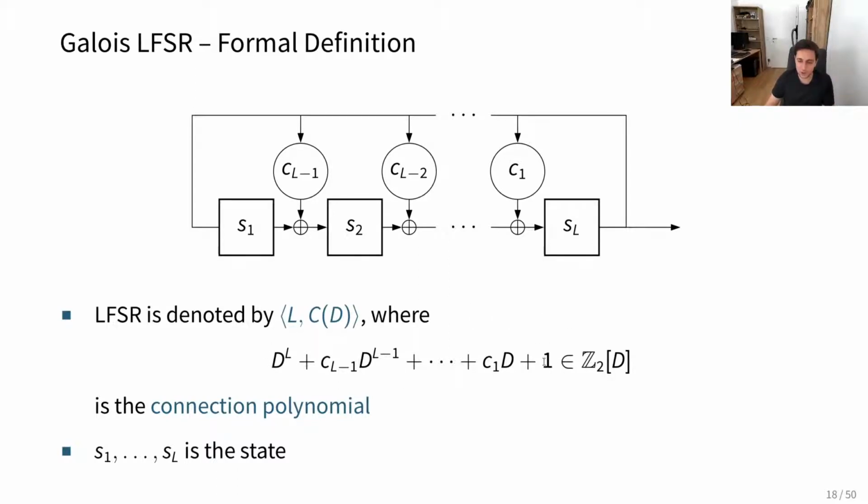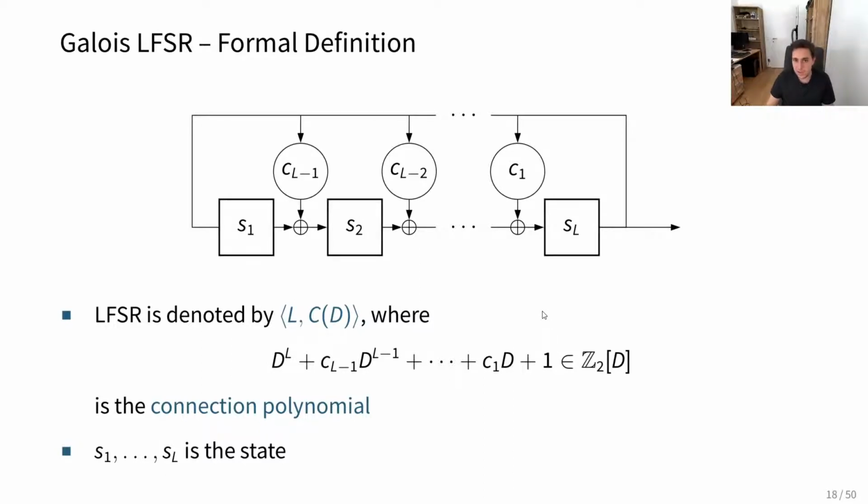The coefficient here and here is always 1. So this is basically the constant 1, and this plus 1 is always there, because it is essentially the coefficient 1 times D to the power of 0, which is 1.